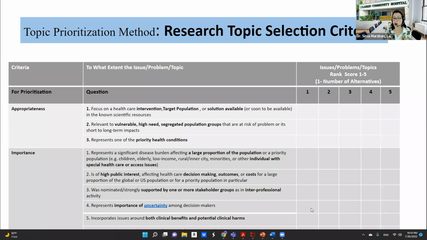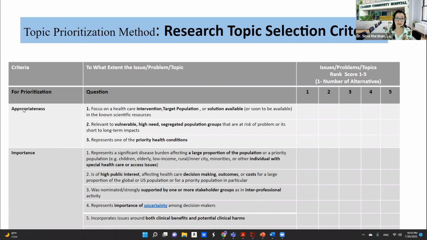If something is obvious for you, why should you put your time and effort on it? If it is uncertain and it's needed for clinical decision making, put 5. Incorporates issues around health, both clinical benefits and potential clinical harms. It includes and covers safety aspects of the care, put 5.